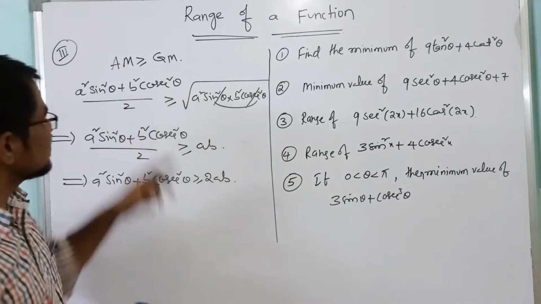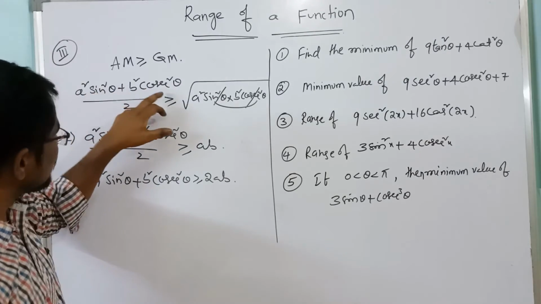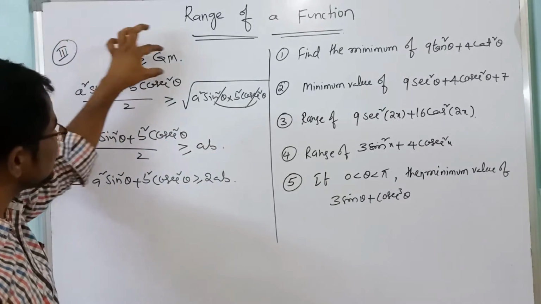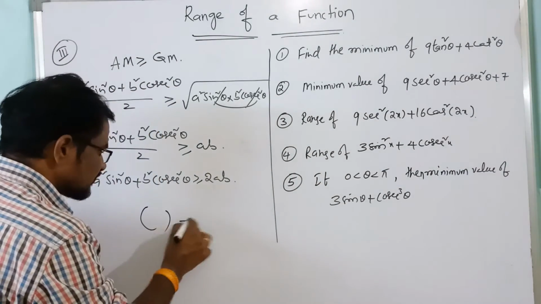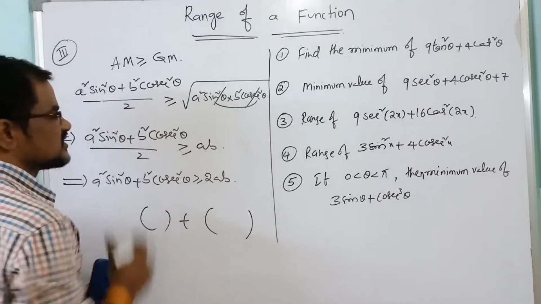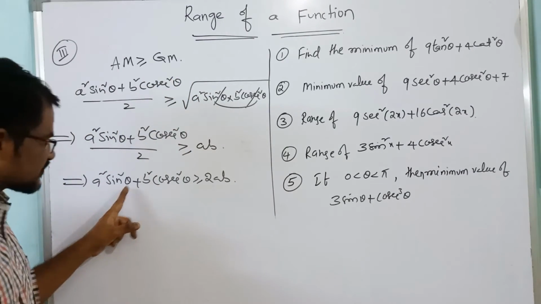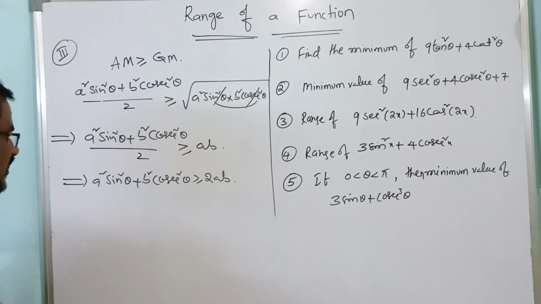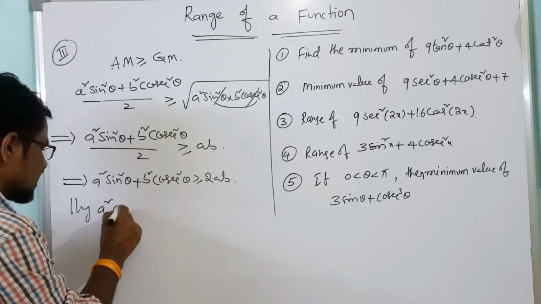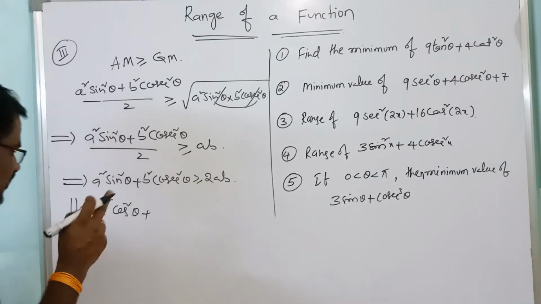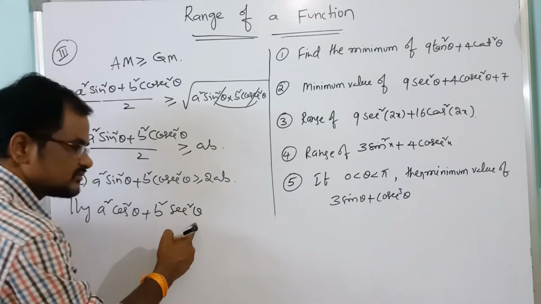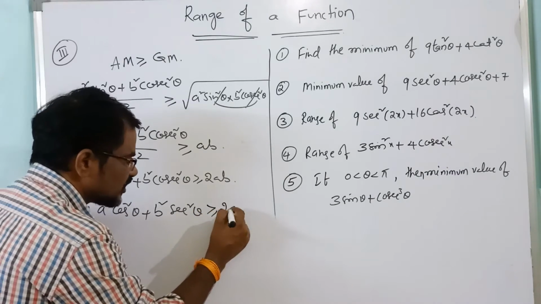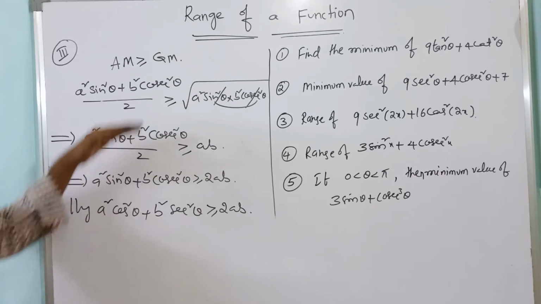Once you observe, here there are two terms, one is reciprocal to the other. If you apply this condition, then easily you will get the range of that function. So if one function plus the reciprocal of that function is there, you apply this condition.